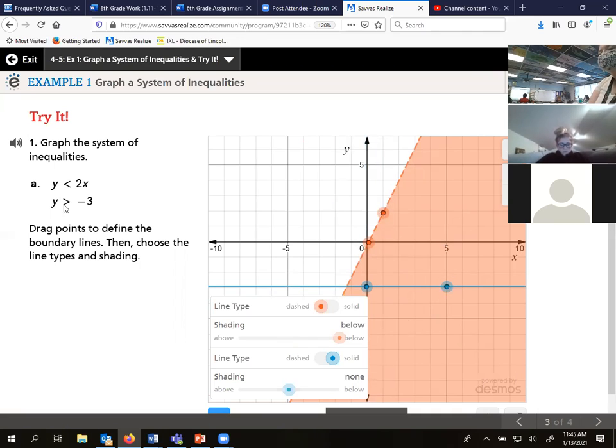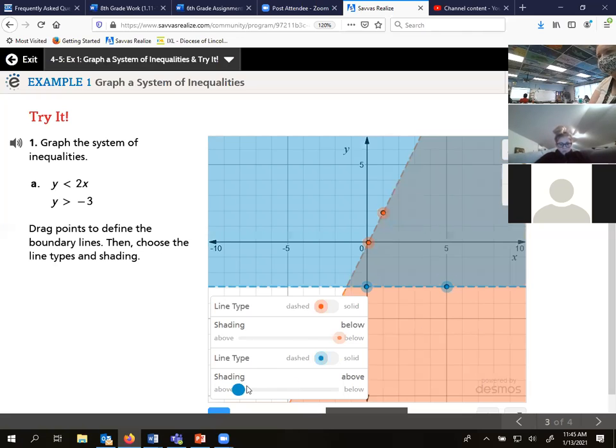Is it going to be solid or dashed? Dashed. And then are we going to shade above or below? Above. Okay, so this part here, that's double shaded, kind of a purpley gray color, is your solution.